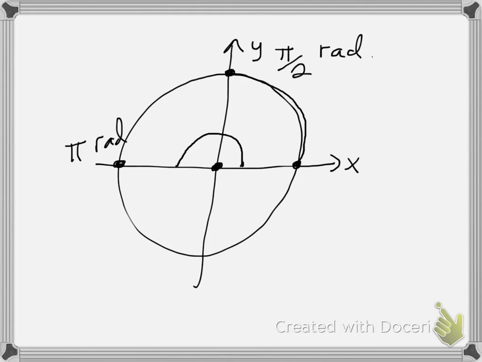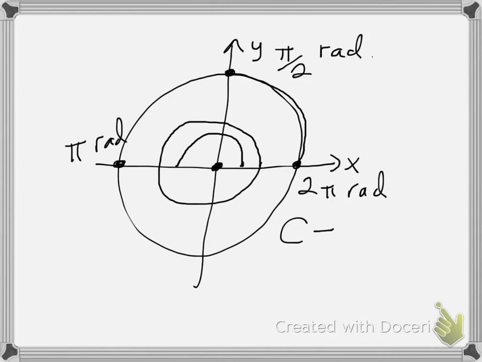And if I go all the way around the circle, you may have guessed that this should be 2 pi. And that's actually where the formula for the circumference comes from. The circumference of a circle is equal to 2 pi r, where c is the complete distance around the circle, and let me just clean that up.